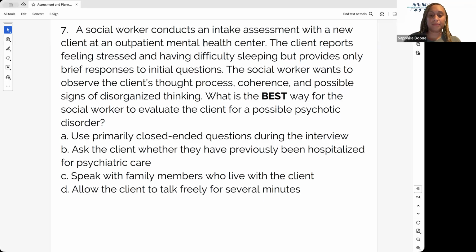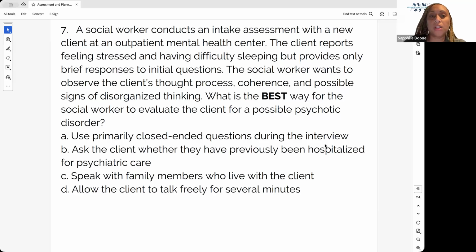Again, I'm going to read it out loud so that we can get to the question a little quicker. What is the best way for the social worker to evaluate the client for a possible psychotic disorder? A social worker conducts an intake assessment with a new client at an outpatient mental health center. The client reports feeling stressed and having difficulty sleeping, but provides only brief responses to initial questions.